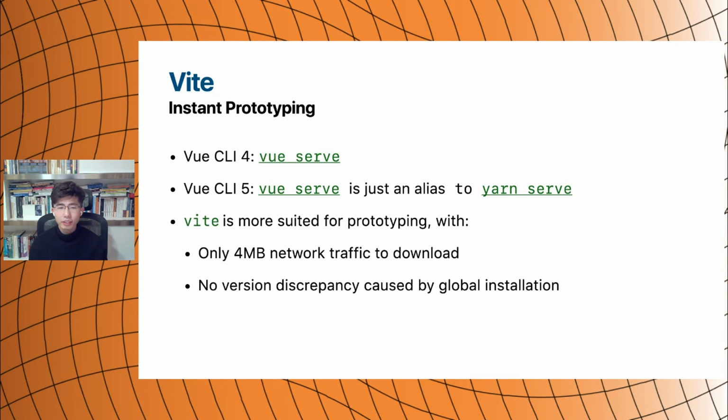And there is no version discrepancy caused by global installation, because every time you create a Vite project, it is served in a local folder instead of from the global node modules. This way, we can keep the Vue CLI command line itself clean, and Vite, as a very concise tool, has less complexity in implementing such features.